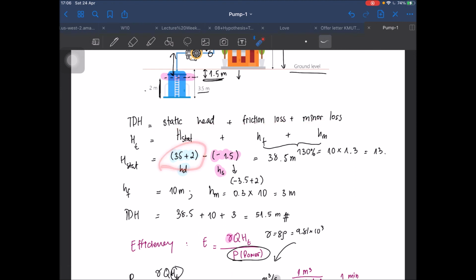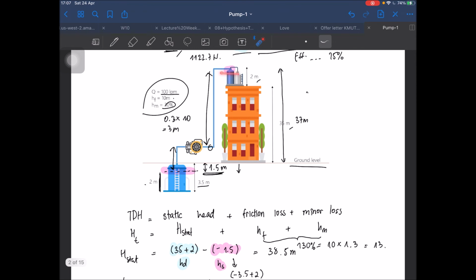This one again is from surface to surface. Imagine there's no pump here. So this one will be 2 here plus 35 here and then plus down here. But then you minus this one here, like it's going down like this and going up like this. So we only need 1.5 meters as the surface here.